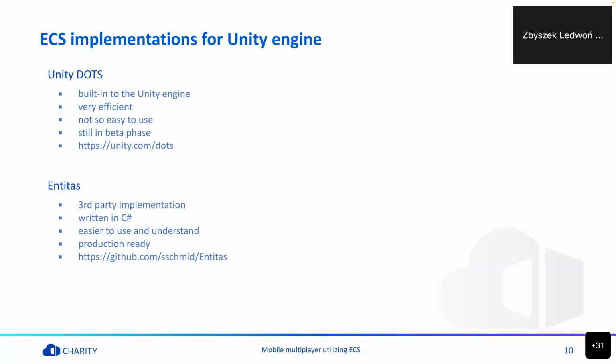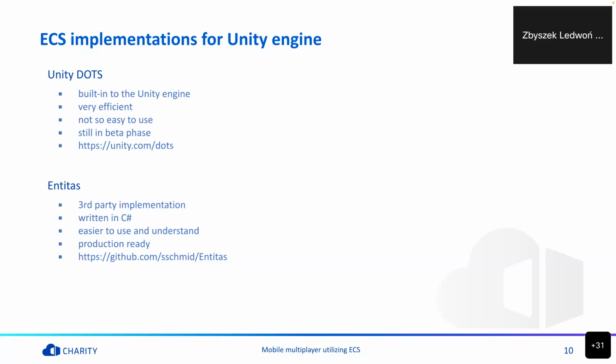It's very, very efficient. And as usually with Unity libraries, it's still in beta phase. So it's not really production ready yet. So we have to be careful about it. You can read about this at this link. And there's already a lot of documentation and information about it.